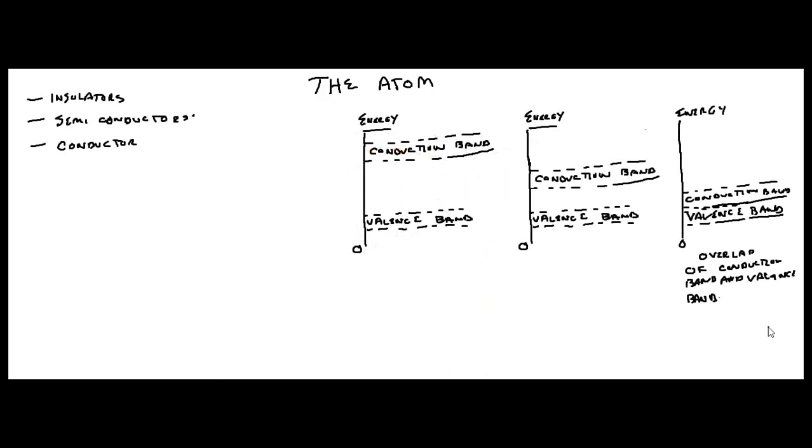All right, so let's finally conclude our discussion about the atom. And to do that, we have to talk about 3 groups of materials: insulators, semiconductors, and conductors. Those items that are termed insulators do not conduct electrical current. They insulate it.